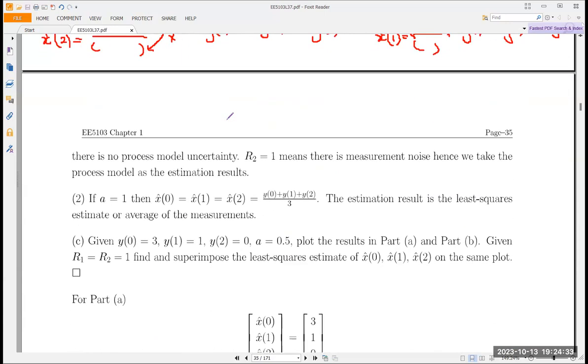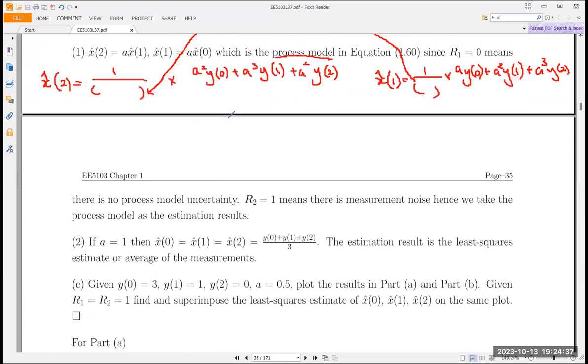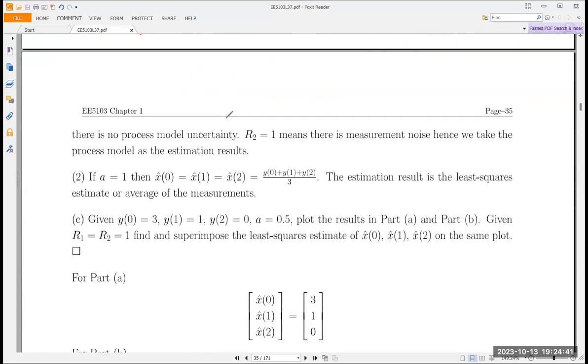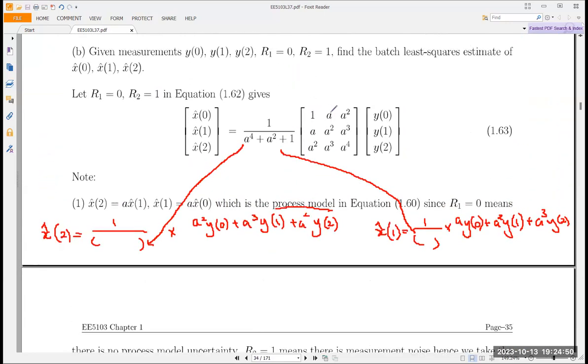Okay, so now just to make a bit more sense for you, if A is 1, you go back to this picture here, all are 1. This is 1 plus 1 plus 1 is 1/3. So if all are 1, what is x0?